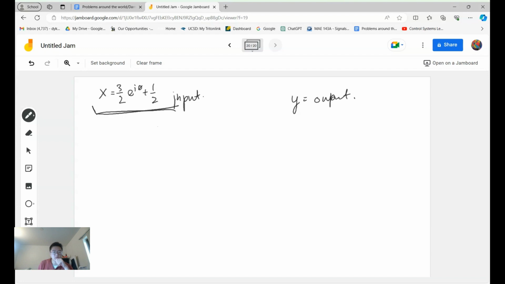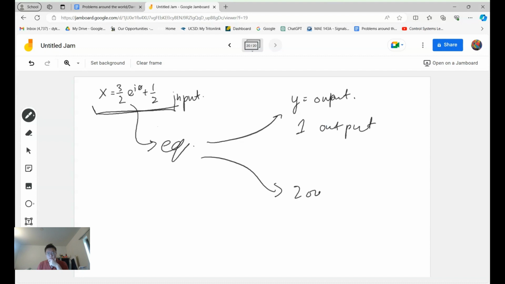So why don't we plug this into an equation instead, and then let's get out two outputs, right? Do I want the two outputs, or maybe why don't we just get one output, and then we can also do a two output system.